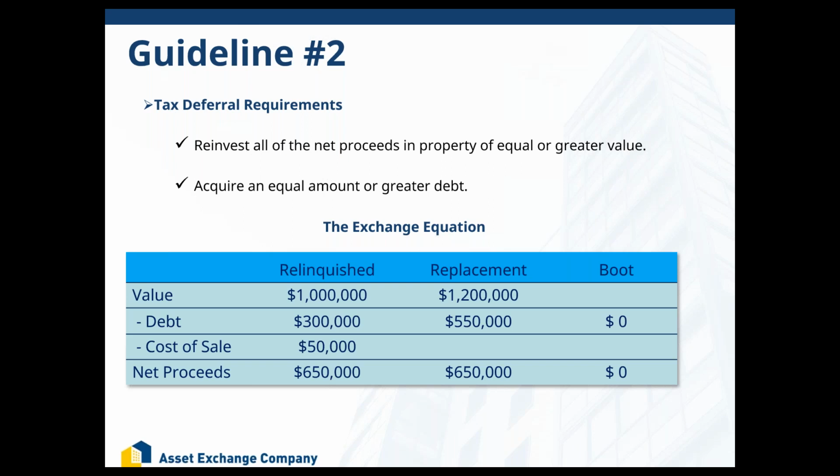Quick example. In our example, we're going to sell our property, the relinquished property, for $1 million. So we'll take that $1 million sales price, and we actually have some debt that we're paying off. We have a mortgage that we're paying off, and the payoff amount is $300,000.